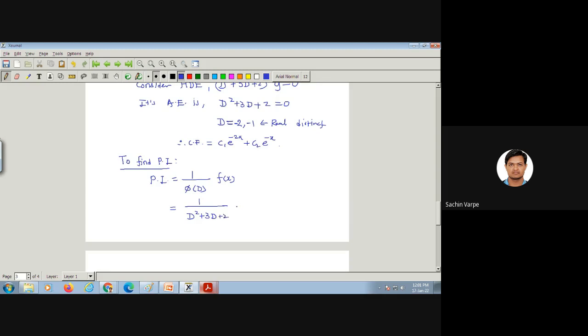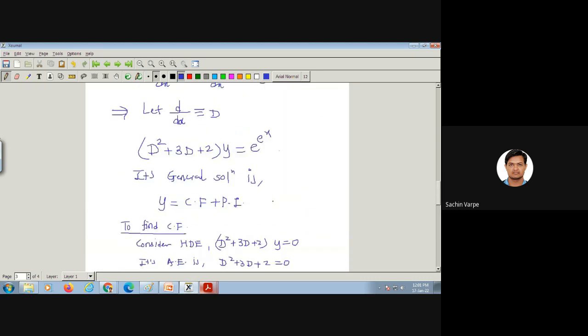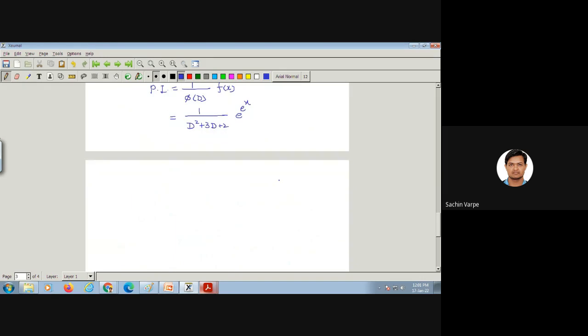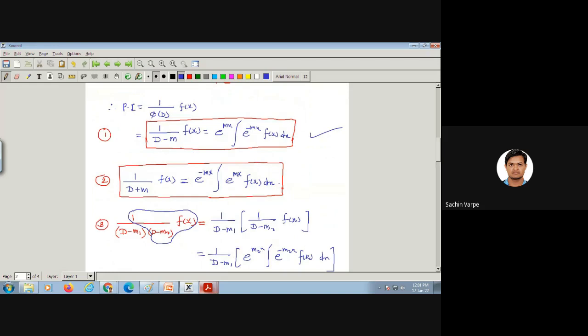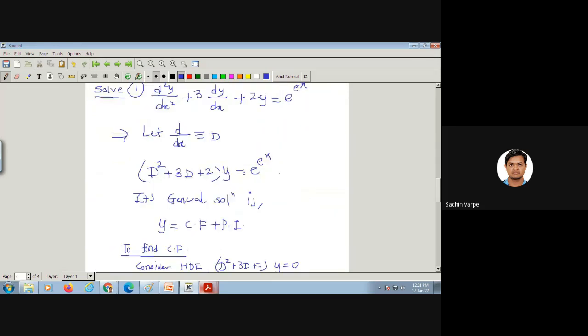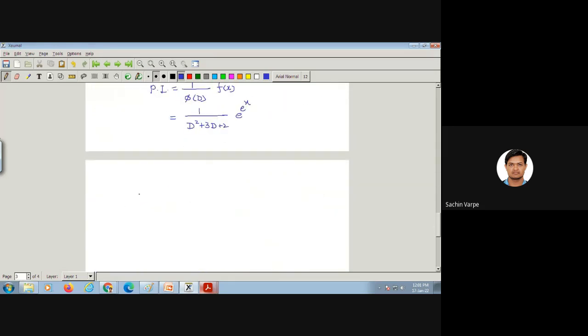It is e to the power x. f of x is the right hand side function. ठीक है? तो to use these formulas by the general method, we need phi of D in its factored form. So let us write it in the factored form. Factored form of phi of D is 1 upon (D plus 2)(D plus 1) e to the power x. Yes or no?